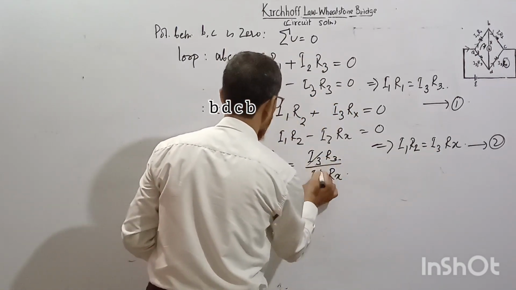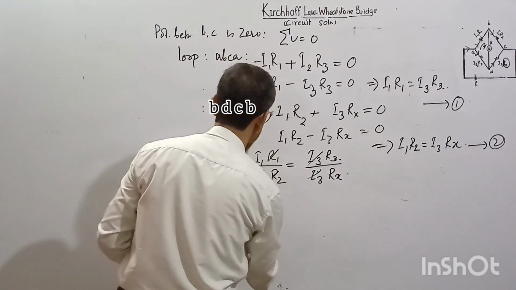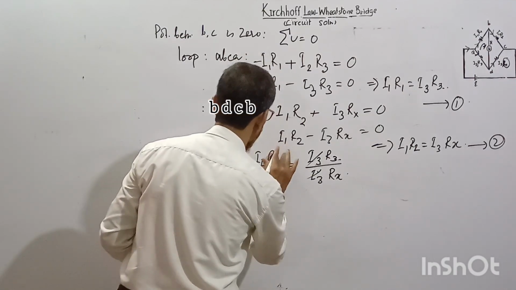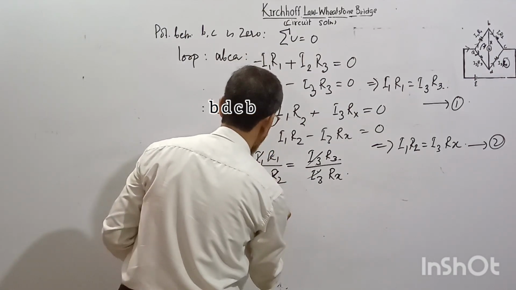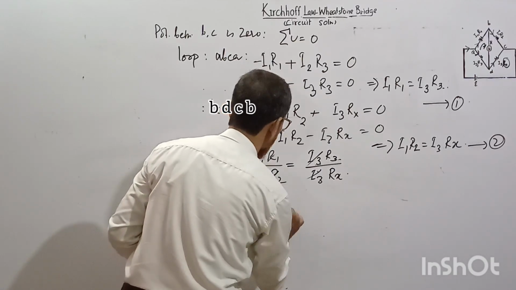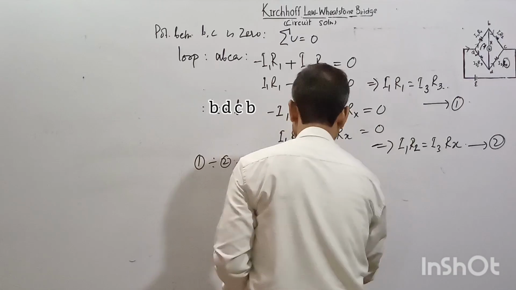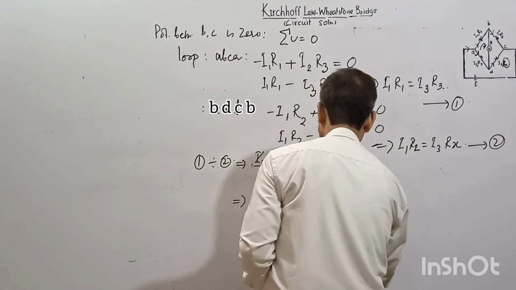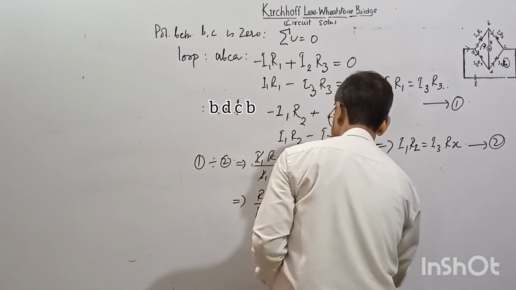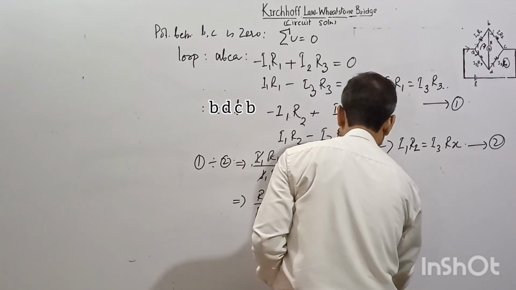So from this we get, R1 by R2 is equal to R3 by Rx, that is R1 Rx is equal to R2 R3.